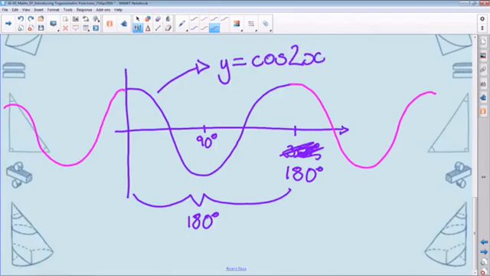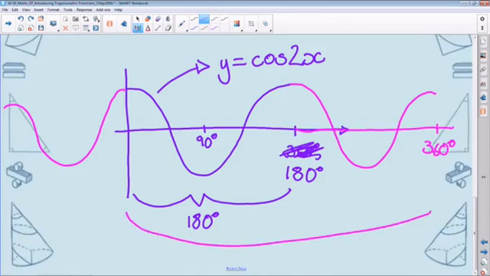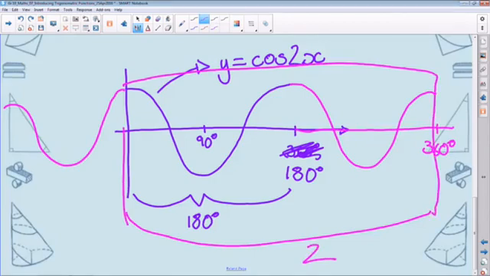And if you think about it, that kind of makes sense, because if we extend this line, what would this value be over here? It would be 360 degrees. So how many cos graphs have we fit into this space? We've fitted 2 into it. And look, there is the 2 over there. It's like magic. It really, really is.